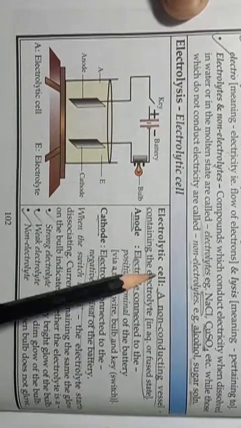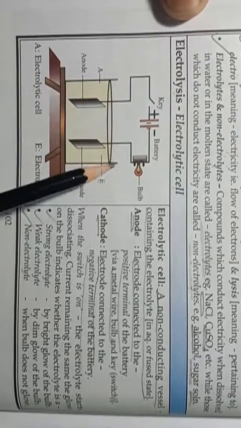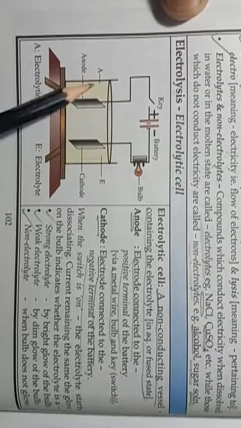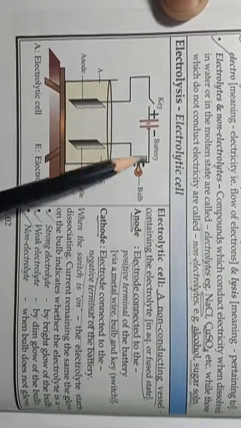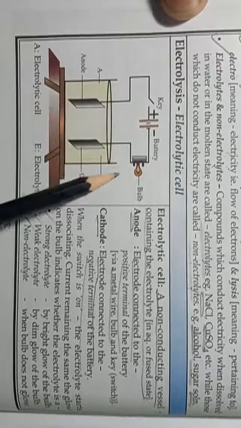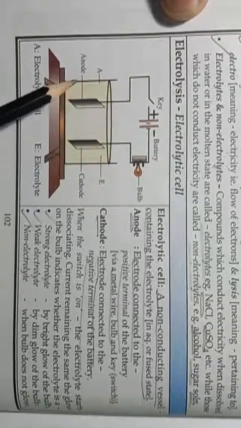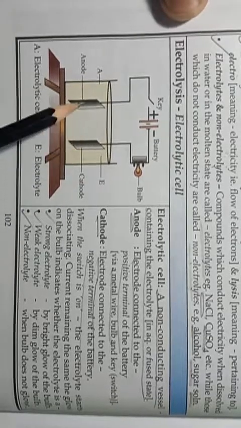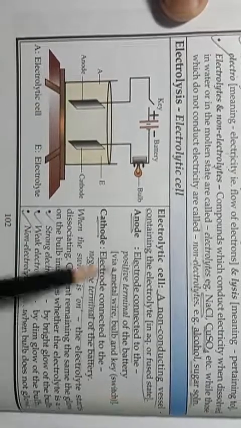So an electrolytic cell is made up of a non-conducting vessel which has the electrolyte and electrodes. Such equipment, made up of a non-conducting vessel with electrolyte and electrodes, is known as an electrolytic cell.